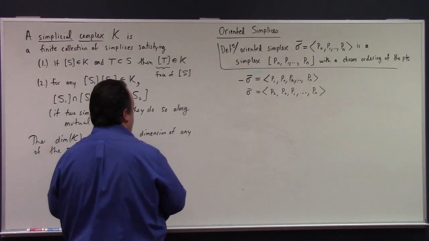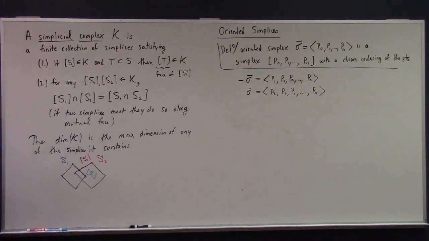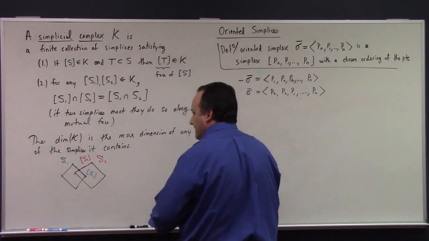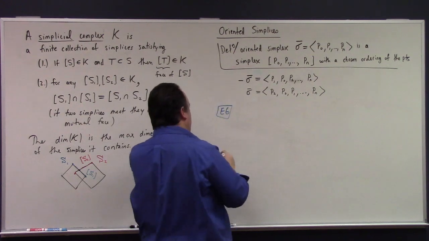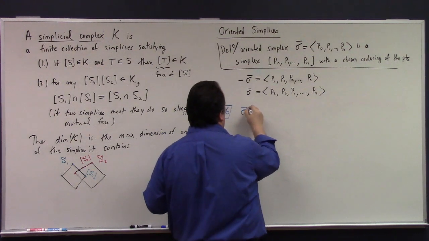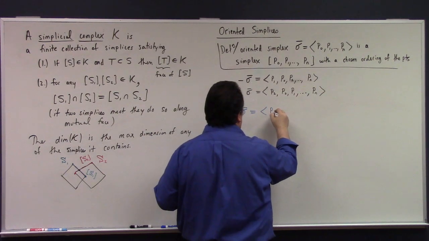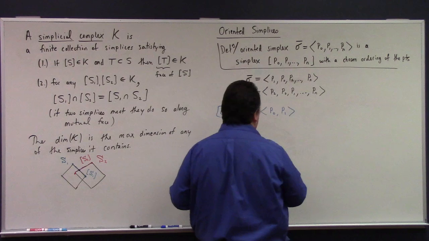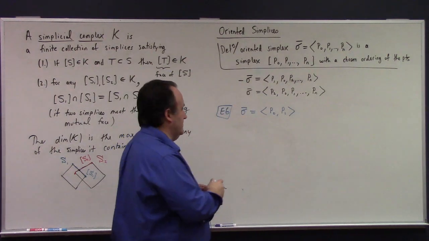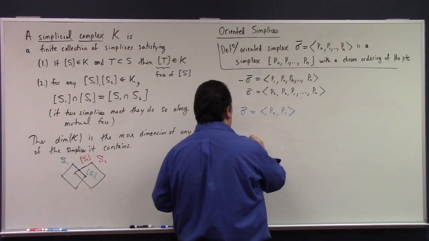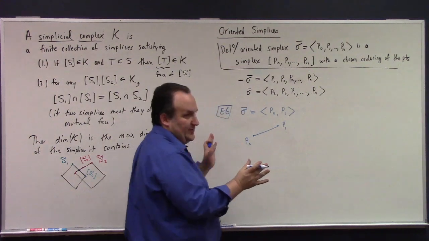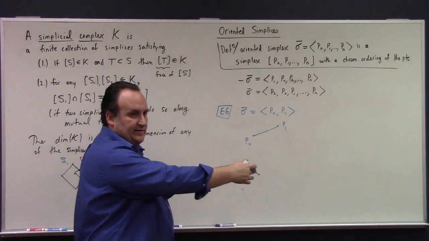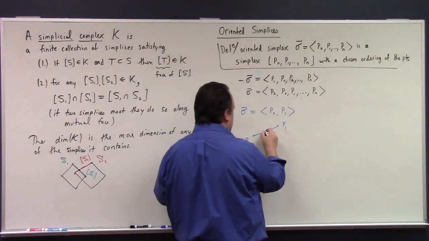All right, so example... where was I? Example 6. If sigma bar is [P0, P1], here's P0, here's P1, and we think of it not just as the line segment anymore, but now it's a directed line segment. It goes from P0 to P1.